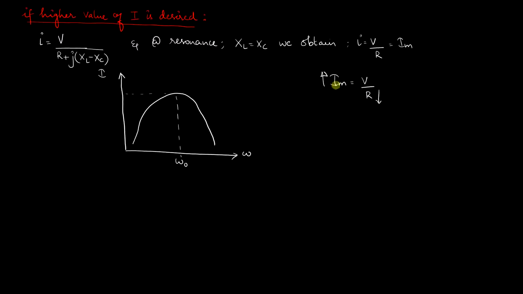Correct? The current can be increased if you decrease the value of resistance. Because if the denominator is higher, then you will get the resultant to have a lower value. Correct?